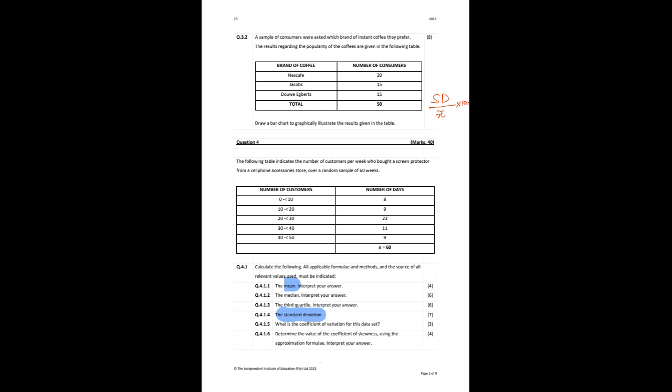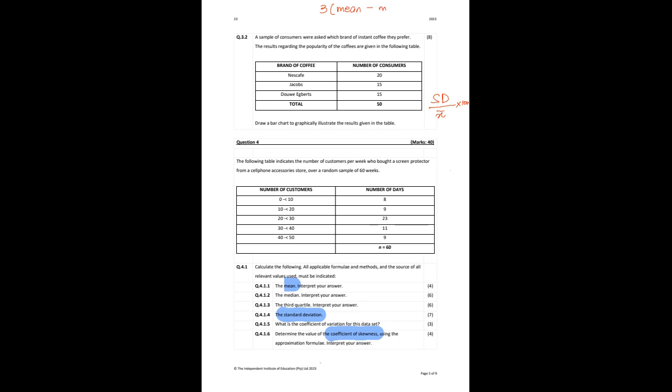And then the last one on this page is the coefficient of skewness, also calculated in the exact same way as your ungrouped data. It's 3 multiplied by the mean minus the median, and then that's over the standard deviation.